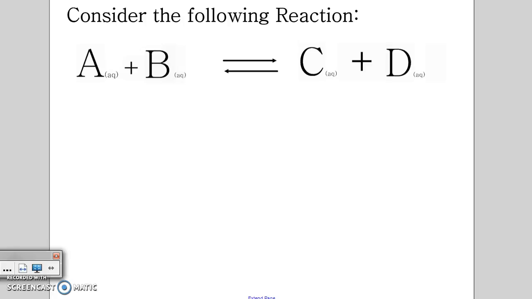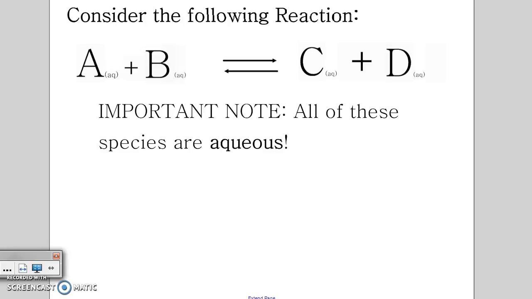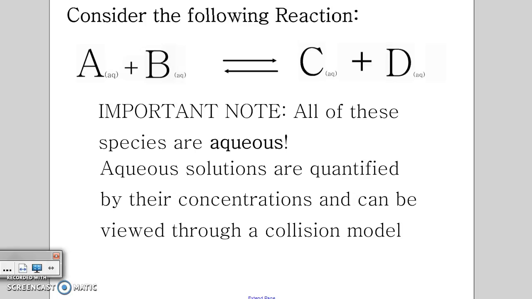Consider this reaction. We have some generic chemical species A, B, C, and D that are in a reversible reaction. If you notice here, you'll see that all of these have little AQ indicating that they are aqueous species. So what that means is that these are quantified by their concentrations, and therefore we can think of them through the collision model.